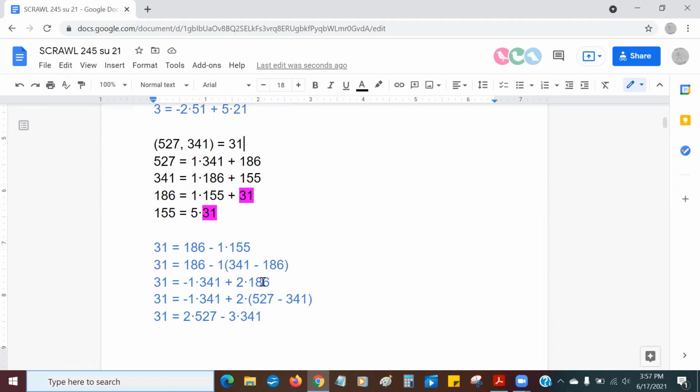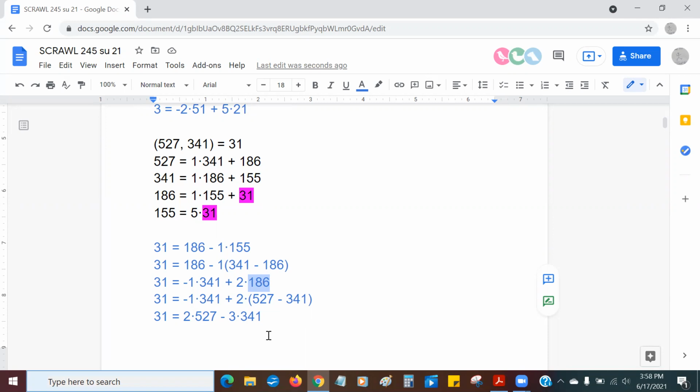Now for this 186, I'm going to substitute because 186 I see up here is equal to 527 minus 341. And I combine like terms, so to speak. I get 2 times 527, that goes right here. I get -1 minus 2, so it's -3 times 341. And this is the story.